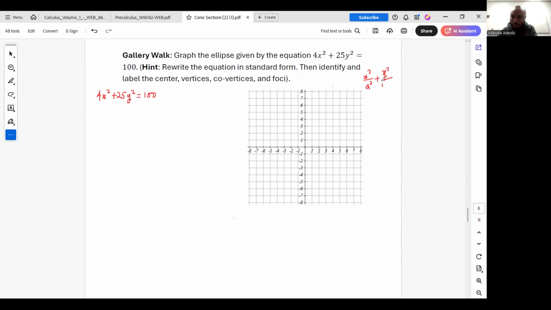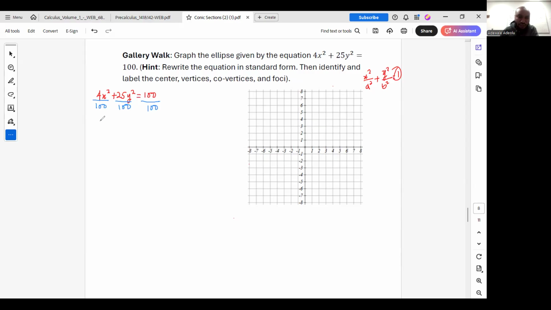This is one form. This part is always 1. However, what I'm having here is 100. So I can divide all through by 100. Remember, I need to do that for each term. So let's see if that helps.